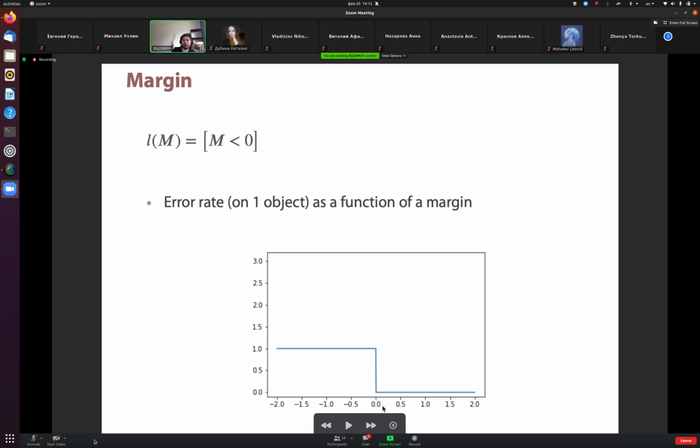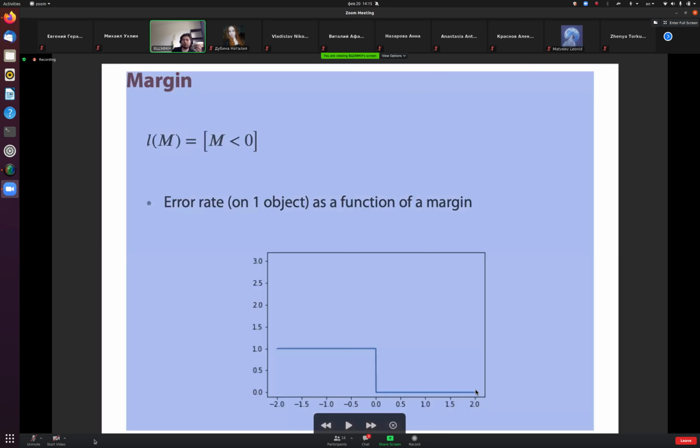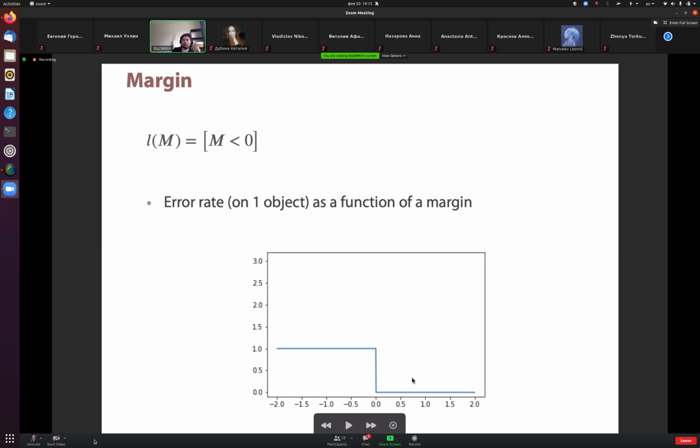Let's make one more step and make it smooth. In order to do this, let's just plot it and see what this guy is. So is this our error rate? It's a function of one number here, m. If it's less than 0, we have an error, it's equal to 1. If it's greater than 0, it's not an error, it's equal to 0. And we would like, of course, to minimize it.